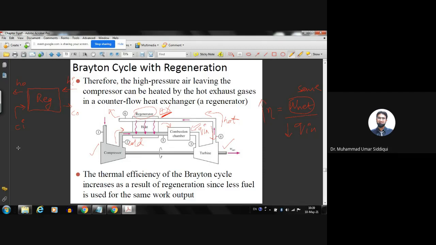When we talk about the efficiency of the regenerator, it would be numerator over denominator. The denominator should always be the enthalpy of the hot stream going in minus the enthalpy of the cold stream going in, because that is the maximum enthalpy difference.